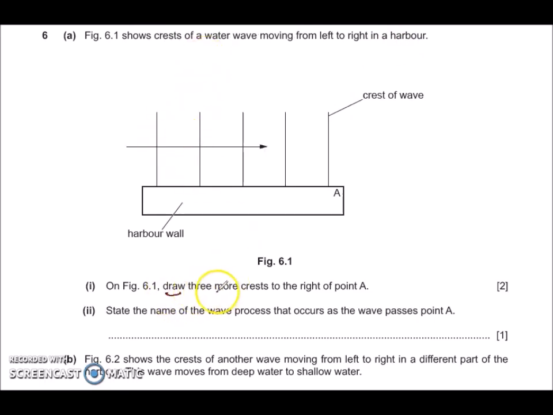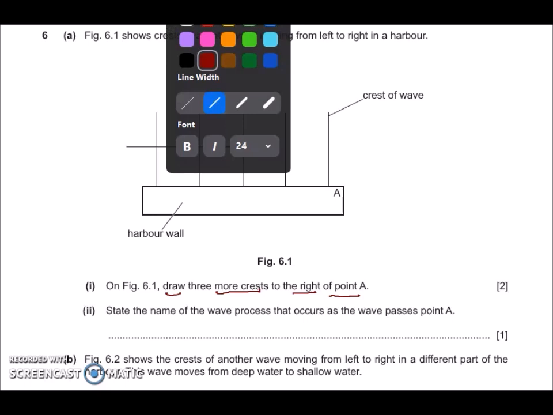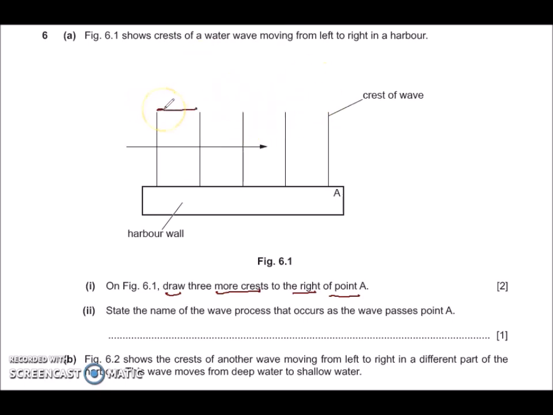Draw 3 more crests to the right of the point A. You can maintain the lambda, and then you can draw another one slightly longer than the previous one, and another one even longer.